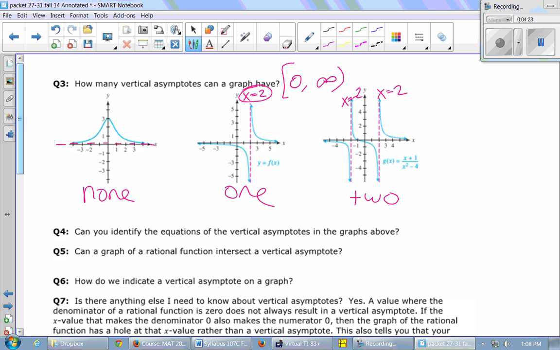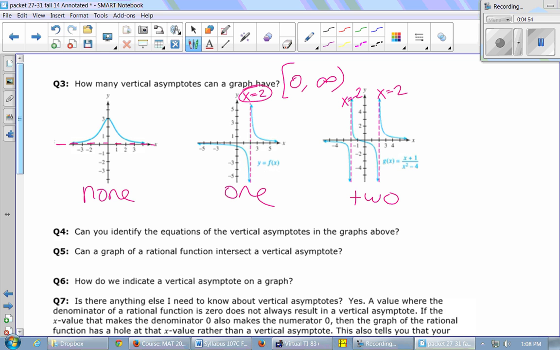Can a graph of a rational function intersect a vertical asymptote? When y equals infinity. Okay, so yeah, if you could ever get to infinity, that's where the graph would touch the asymptote. But because you can't ever get to infinity, the graph just gets closer and closer and closer and closer to the vertical line.